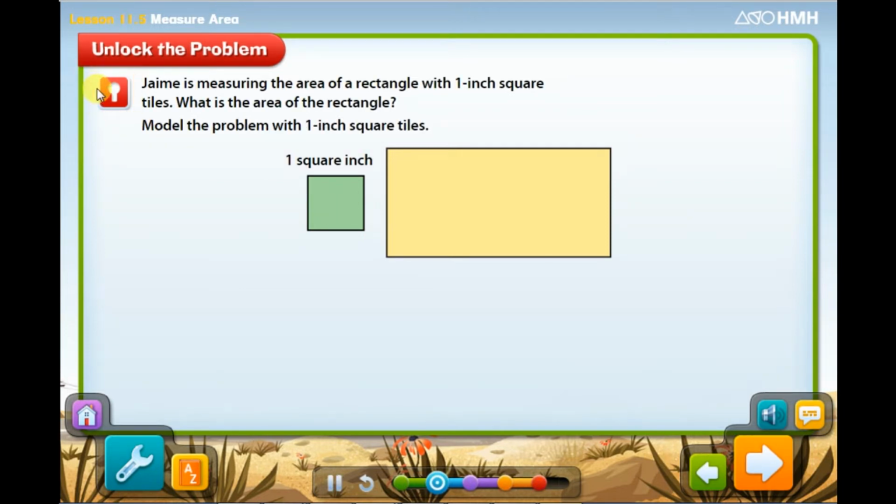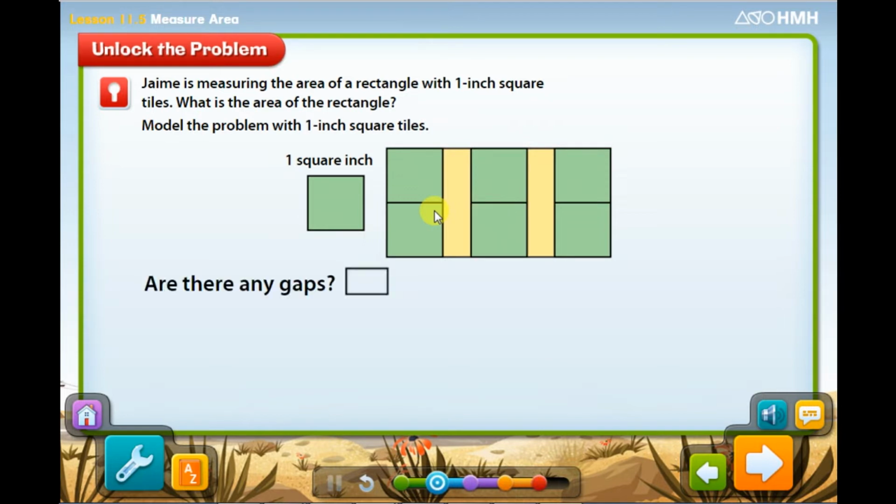Use 1-inch square tiles to model the problem. Let's try placing 6 tiles on the rectangle. So let's put the tiles. 1, 2, 3, 4, 5, 6. Are there any gaps in the tiles?